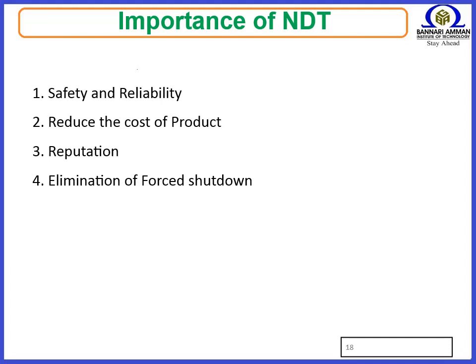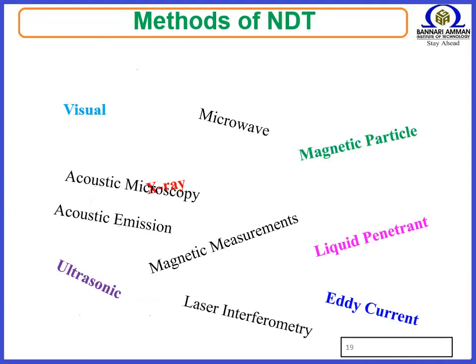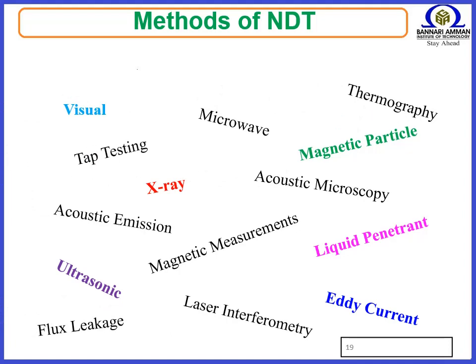Current NDT methods are acoustic emission testing, AE, electromagnetic testing, ET, laser testing methods, LM, leak testing, LT, magnetic flux leakage, MFL, liquid penetrant testing, PT, magnetic particle testing, MT, radiographic testing, RT, thermal/infrared testing, IR, ultrasonic testing, UT, vibration analysis, VA, and visual testing, VT.